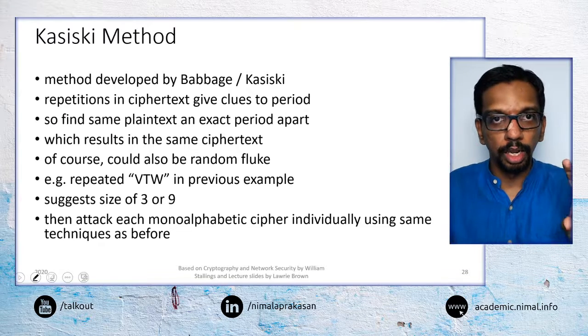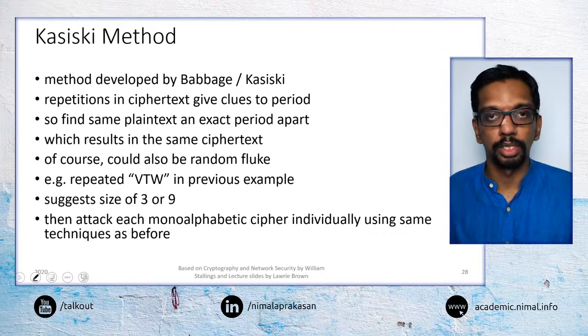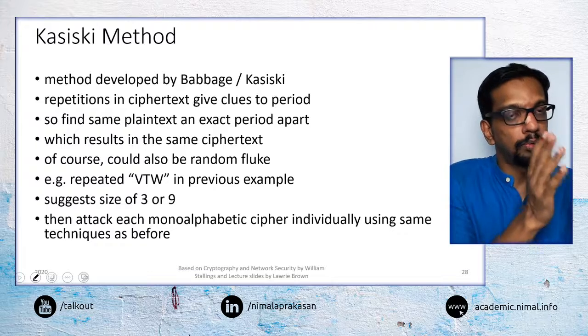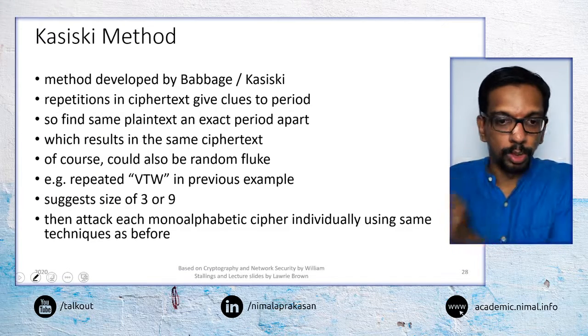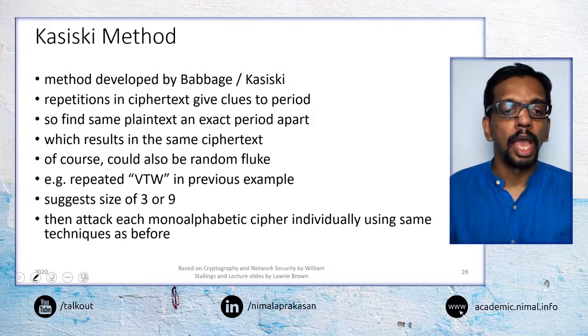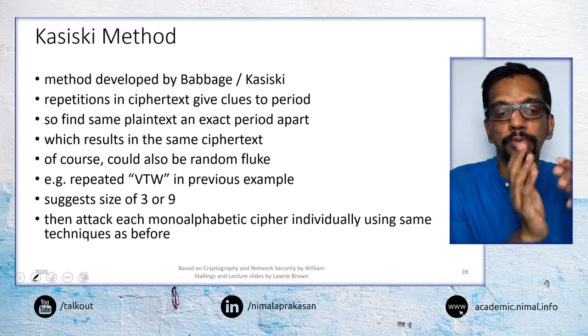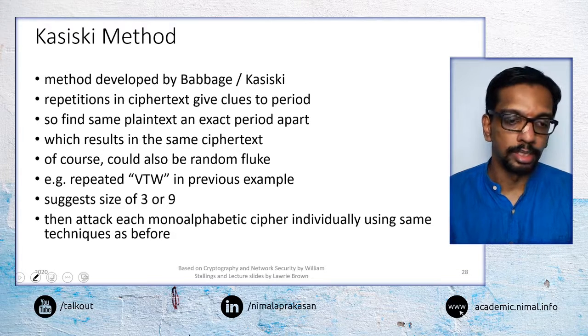So they were found out independently by two different scientists in two different countries. The idea is you figure out the repetitions in the ciphertext, and then find the similar pattern with the plaintext, and then you can do some analysis there.